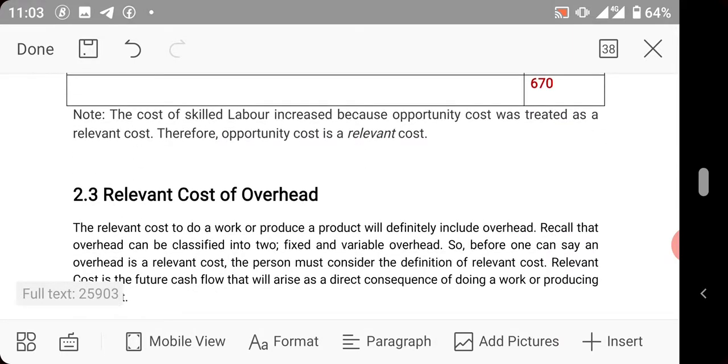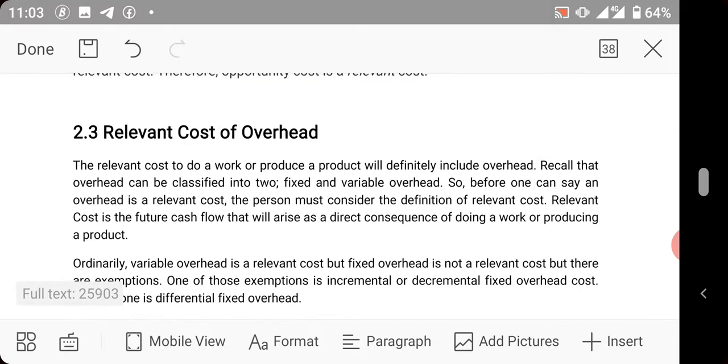Now, relevant cost of overhead. There are functional classifications of overhead: production overhead, administrative overhead, distribution overhead, and research and development overhead.